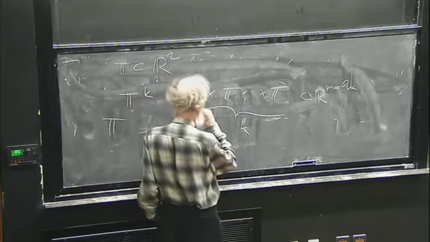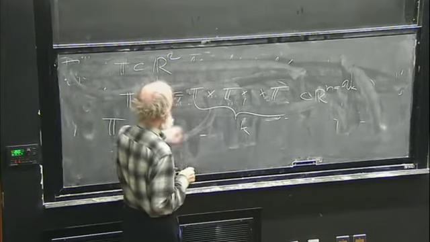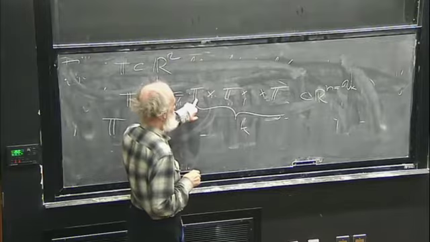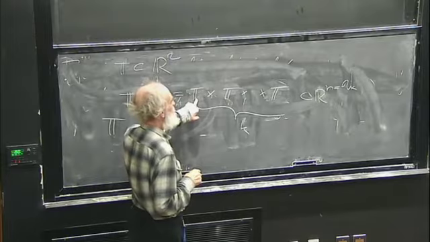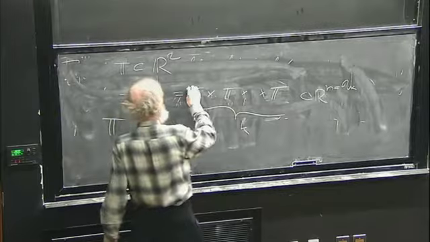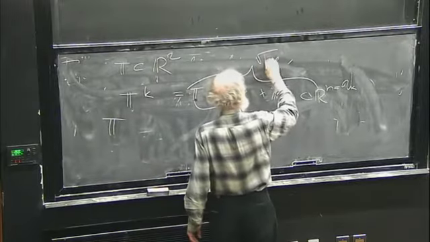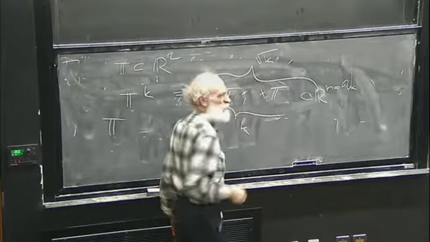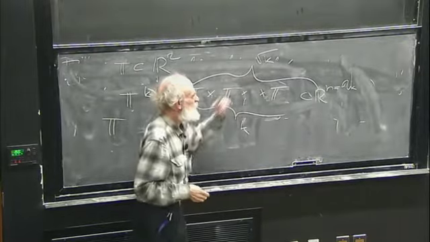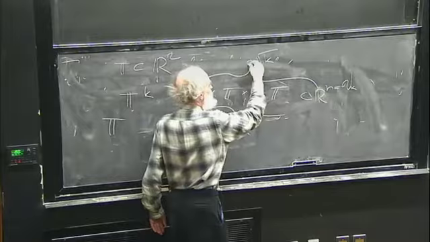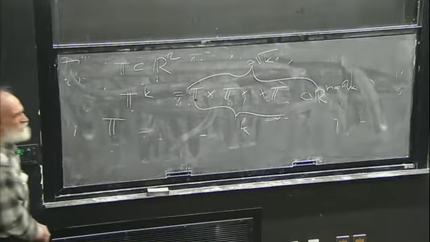The size of the ball it sits in, up to a constant, maybe 2 times, is square root of k.